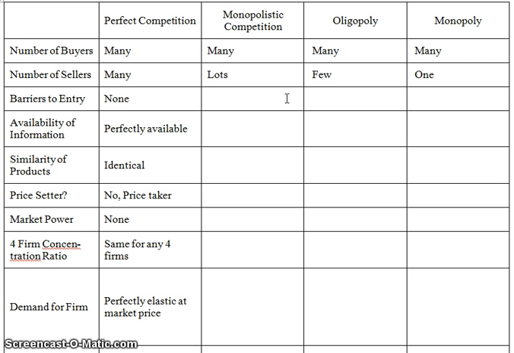For monopolistic competition, there are some barriers, and a lot of that comes from the fact that a new firm will not be as successful as an existing one because your brand name has some value. And the same goes for an oligopoly, but usually there's even more protection keeping others from entering the industry, so there might be some type of licensing, so it's hard to get into this industry.